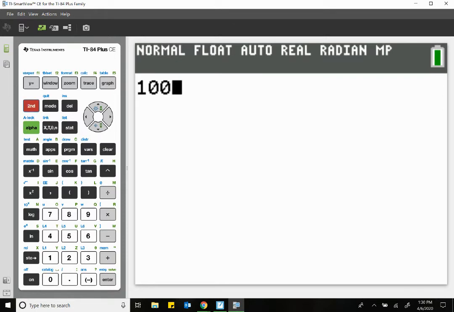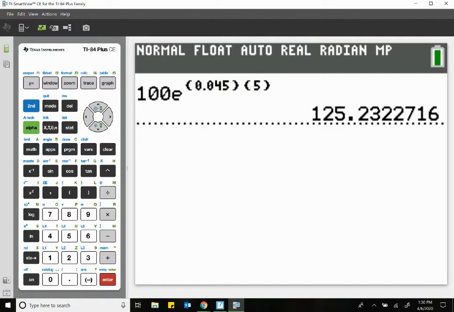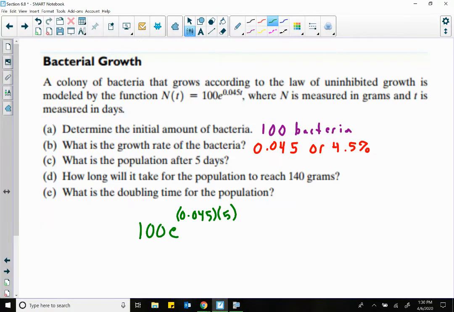So 100 second E 0.045 5. Okay? And there's how many bacteria we're going to have. And since we're talking about bacteria, I'm going to knock off the decimal and round to the nearest whole number. So we're going to say it's 125.